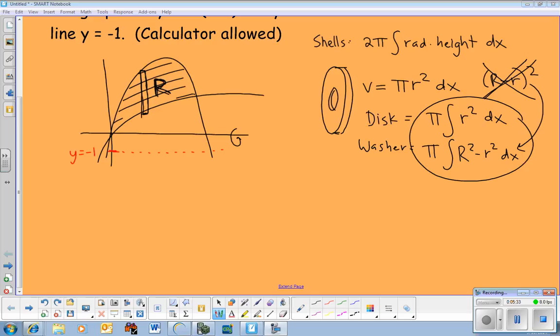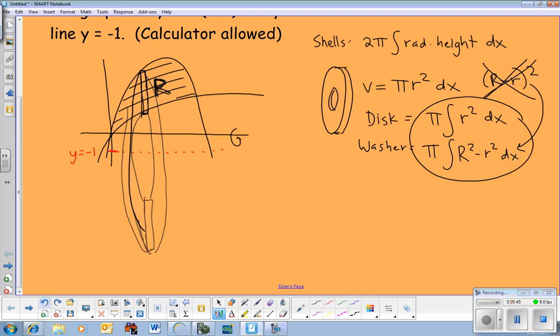So you can imagine this rectangle spins all the way down. This would just be a kind of weak sketch, but it ends up looking sort of like that. That's pretty bad, but you get the idea, I hope. My point is, you need to make it perpendicular to the axis to make a disc or a washer.